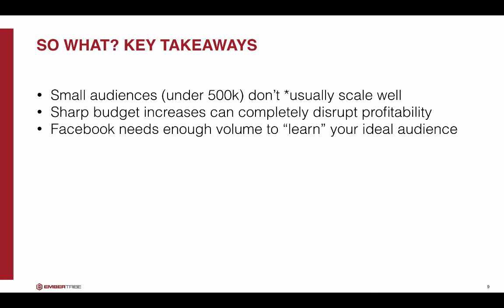Now I say usually, or I put an asterisk there, because it's not always the case, right? If you sell a really high ticket item, you may not need as much reach or as big of an audience, so you can still scale. But on the whole, take this as a rule of thumb that smaller audiences won't typically scale as well. You're not giving the algorithm enough room to find that sweet spot of people.